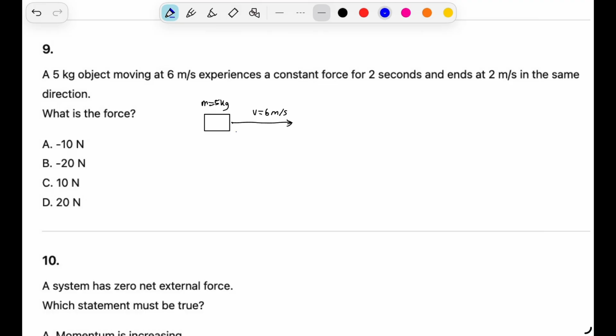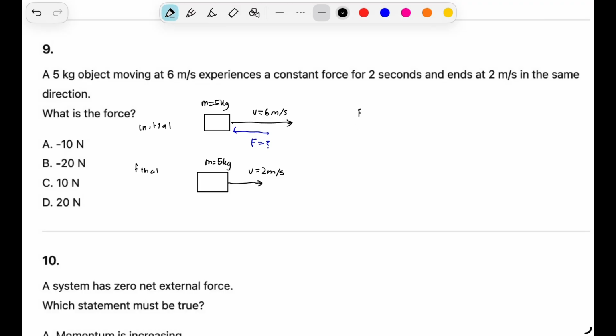So then we have a force, and after that you still have the same mass, but it's now moving at a velocity of 2 meters per second.